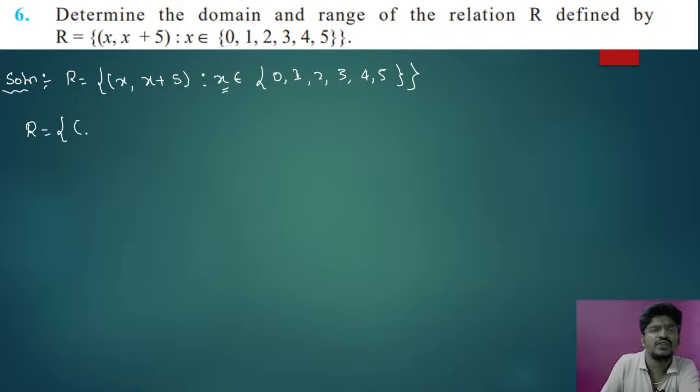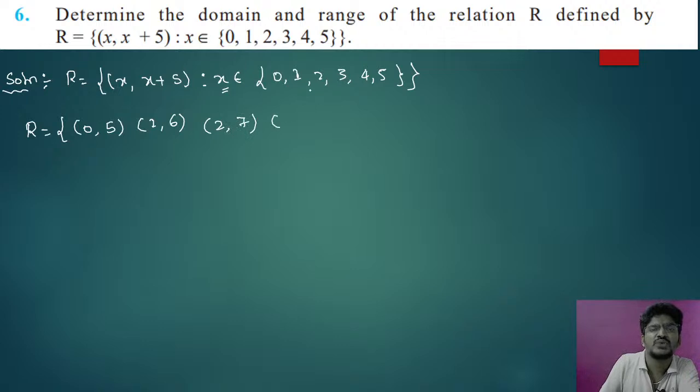So if I take x value as 0, then 0 plus 5 will be 5. Next, if I take x as 1, 1 plus 5 is 6. Next, if I take x value as 2, 2 plus 5 is 7.